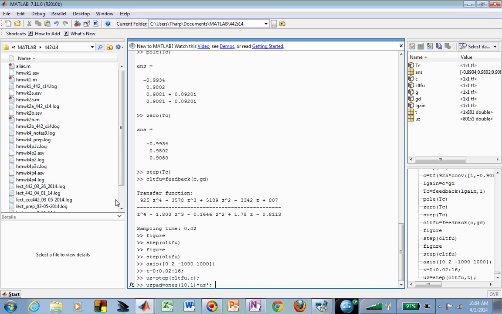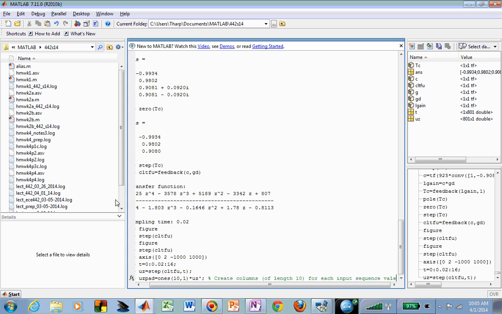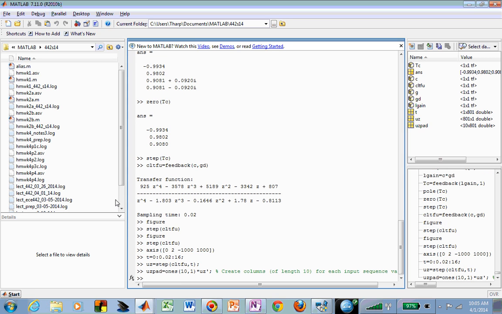So now what I'm doing is creating a vector of length 10 for each input value. I've now created 10 copies of the same thing.